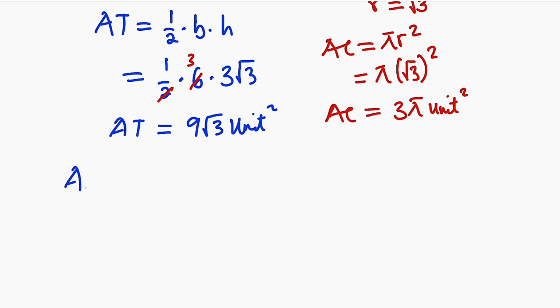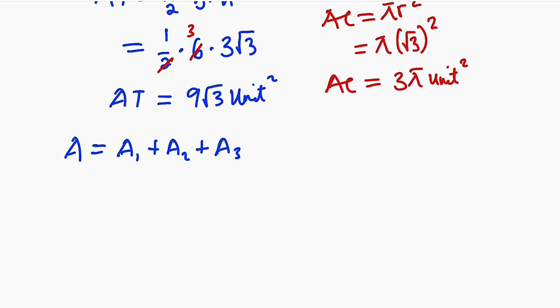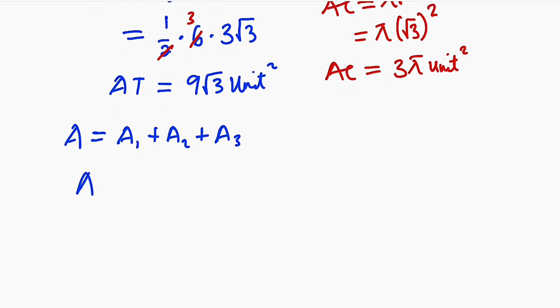So remember, I told you A is equal to A1 plus A2 plus A3, where A1, A2, A3 are all the same. So to find this area A, we take the area of the triangle, we subtract the area of the circle. Area of the triangle is 9 root 3 minus area of the circle is 3 pi.